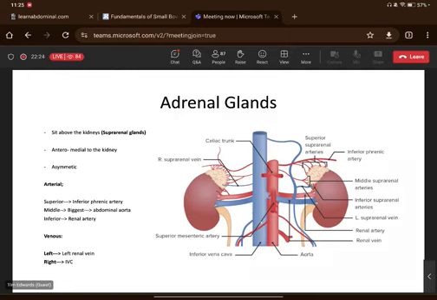Also to mention on coronal imaging, that's when you can see the main difference in morphology of the adrenal glands, because the right adrenal gland appears more pyramidal in structure, and the left appears more crescentic in shape. So that can be helpful in terms of differentiating, but obviously not the crux of how you would.